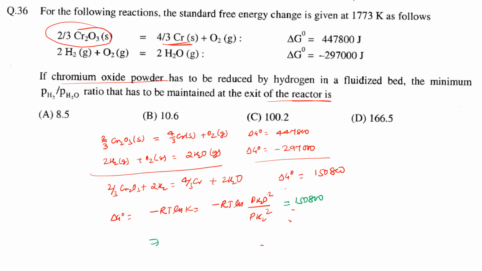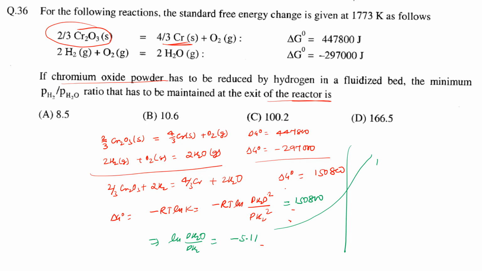Okay, now I have done the calculation, so you do it like here. So ln of pH2 by pH2O is equal to 5.11.